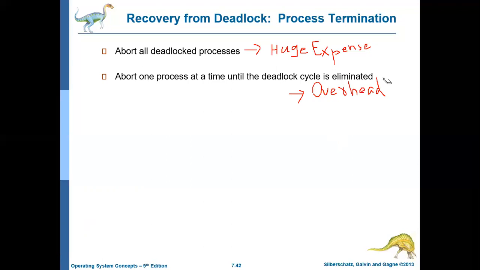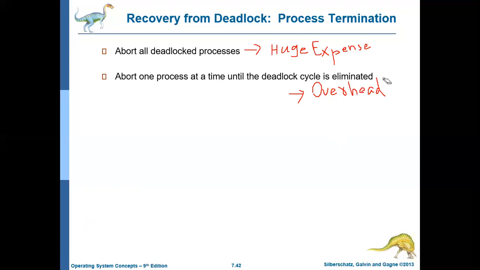Like that, after aborting every process, the deadlock algorithm must be invoked to detect whether some of the processes are still in deadlock state or not. So this is the overhead incurred by the second method.